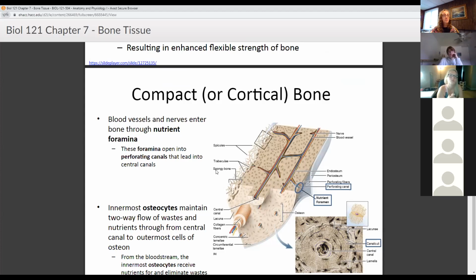Blood vessels and nerves, remember, they enter through the nutrient foramina. These foramina, the nutrient foramina, are going to open into the perforating canals. And remember that the perforating canals are what connect the central canals.